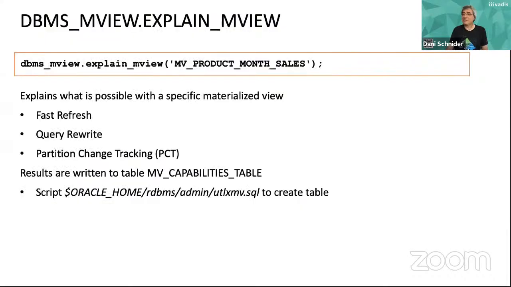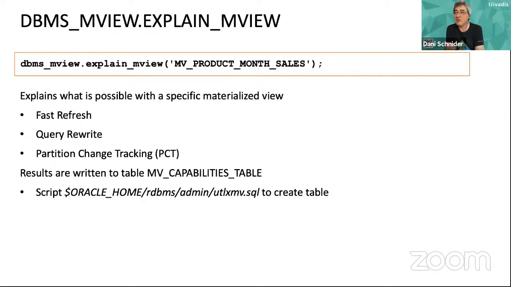But we can also use 2 procedures in the DBMS MView package. That's the same package that is also used to refresh materialized views. And the first of the 2 procedures is called the explain MView procedure. What it does, it analyzes a materialized view, so it finds out what of the specific features are possible for this materialized view.